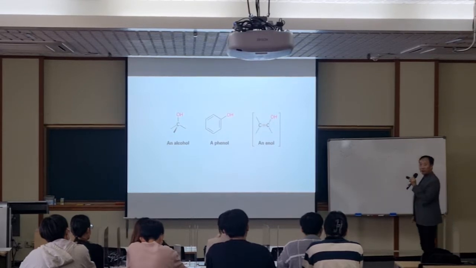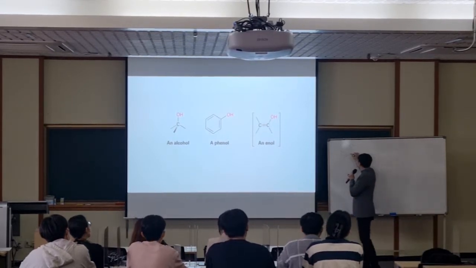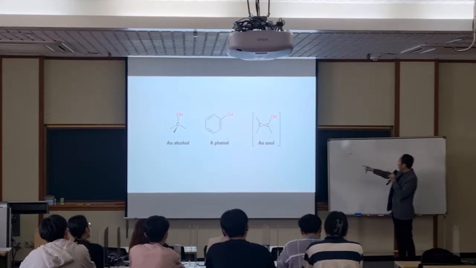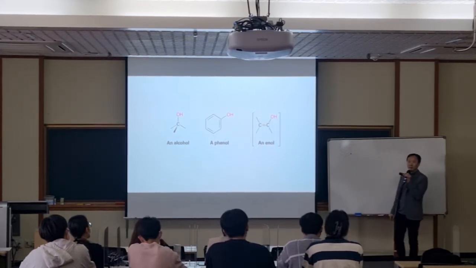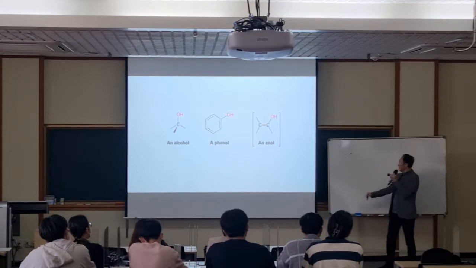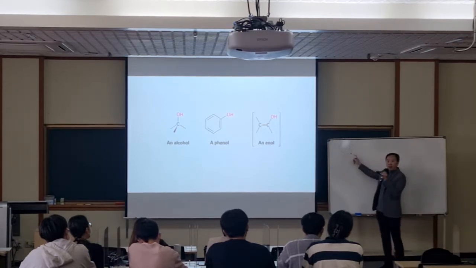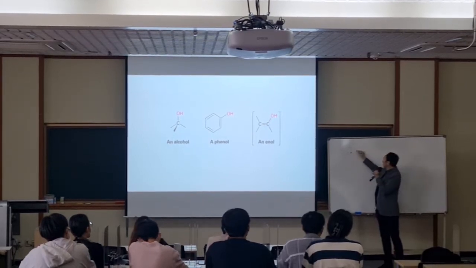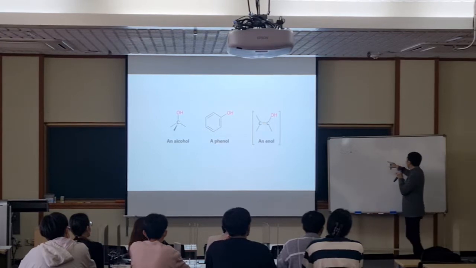And let's check the carbon. This carbon, let's check. This is the most vulnerable carbon. And that carbon's oxidation number: carbon-carbon connected 0, carbon-carbon 0, carbon-oxygen plus 1. How about this one?